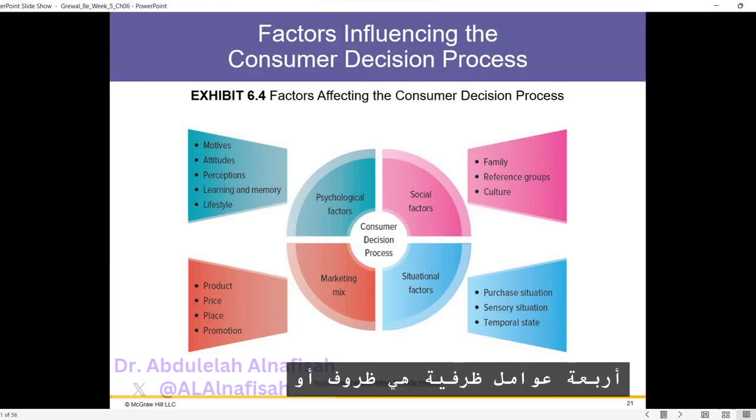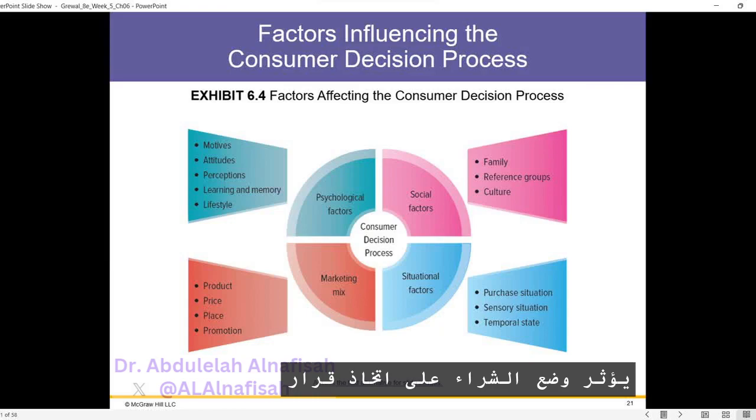4. Situational factors. These are specific circumstances or factors that influence consumer behavior at a particular time or place. They include purchase situation, the context or purpose of buying a product or service, such as a gift, a necessity, or an impulse purchase.